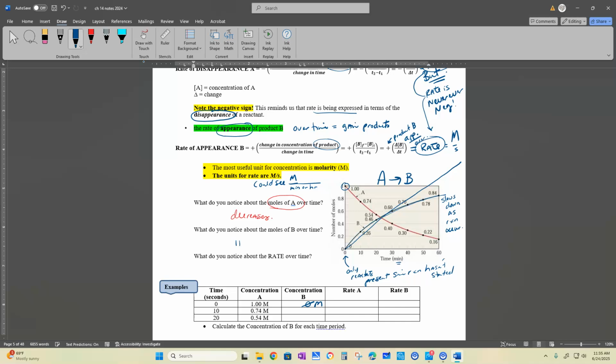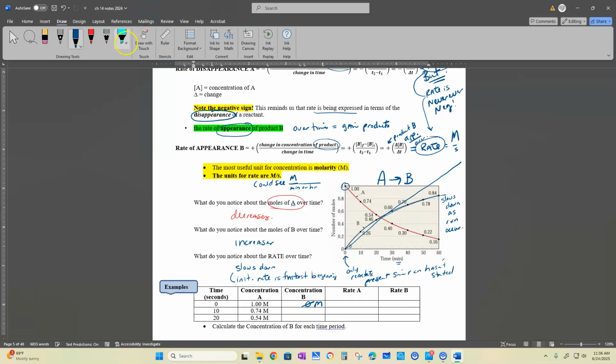So over time, oops, some of my stuff disappeared. So what happens to the rate over time? Slows down. However, initially, okay, the rate is fastest. That means the reaction is fastest in the beginning.